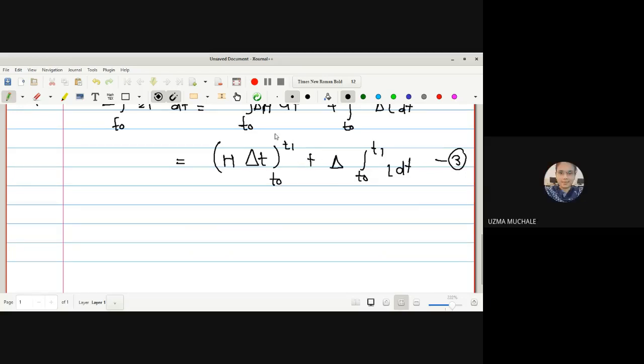So this term will be as it is, and this term we have to prove is minus of h delta t, if I want to prove equation 3 is equal to 0. So we cannot do anything for this term. So let us consider the second term only. We will do something for the second term so that we can prove this is equal to minus of h delta t within the limit t naught to t1. Delta variation t naught to t1 L dt.